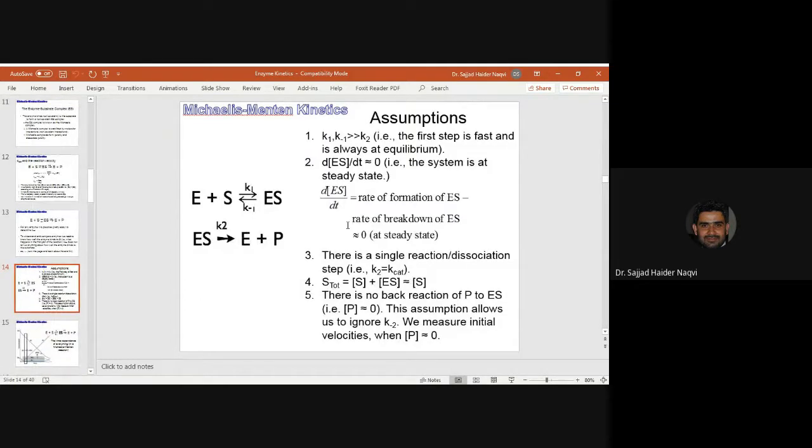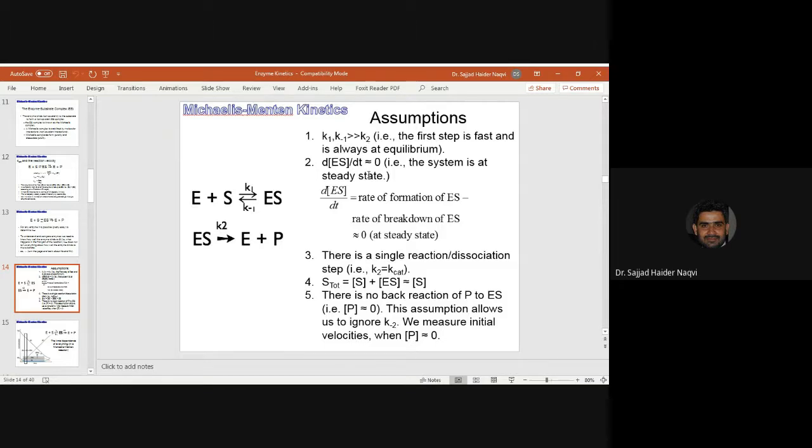As I said, now we have the model and we have different influencers, and now we go towards assumptions to deduce the mathematical form. The assumption we have is that K1 and K minus 1 are far greater than K2.